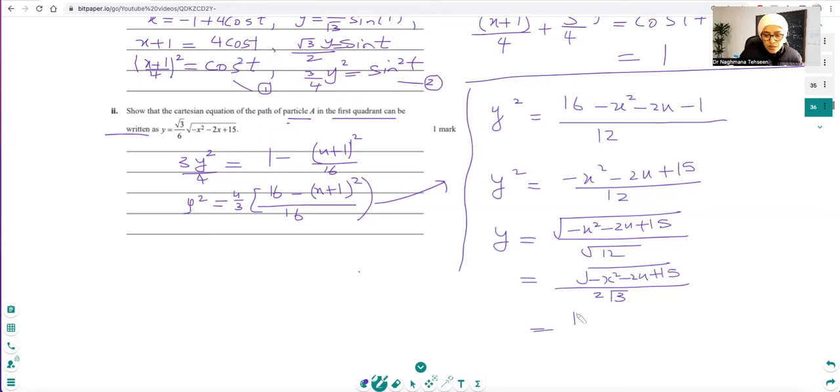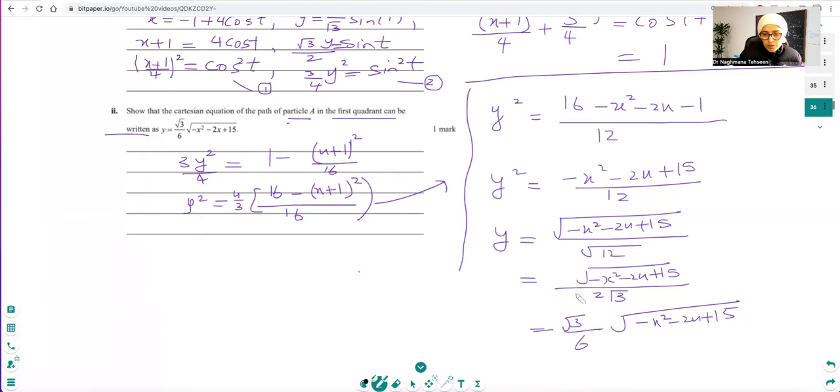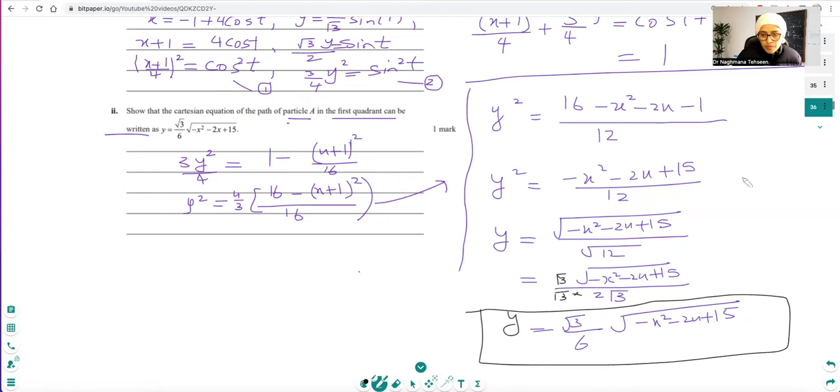So that will be root 3 over 6, and then the square root of negative x squared, negative 2x plus 15. What we did here is multiply this by root 3 and divide by it as well, so that does not change anything, but it gives us the final version. So that's the answer.